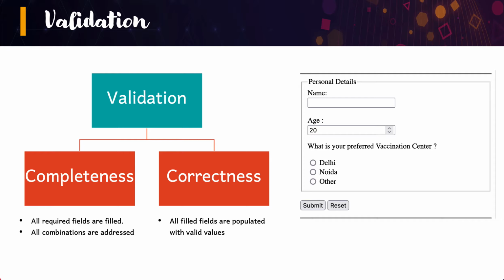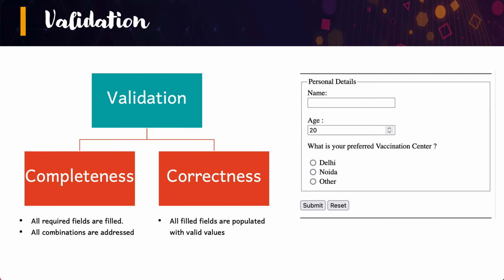Correctness means that the data that is populated is valid and sane. For example, the age field is not filled with an incorrect or invalid age, and so on.